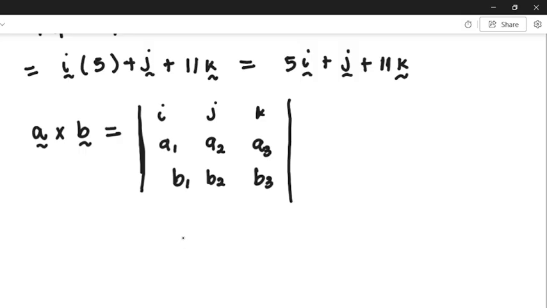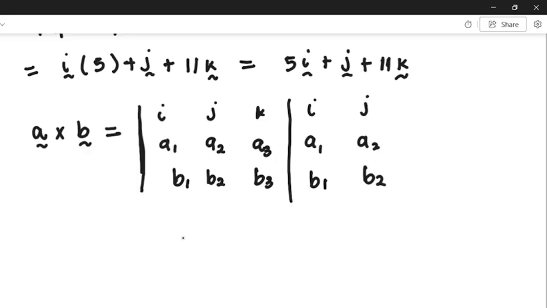What happens with this rule of Sarrus is you copy the first and the second. So we have I, A1, B1, then J, A2, B2. You copy the first column and the second column.